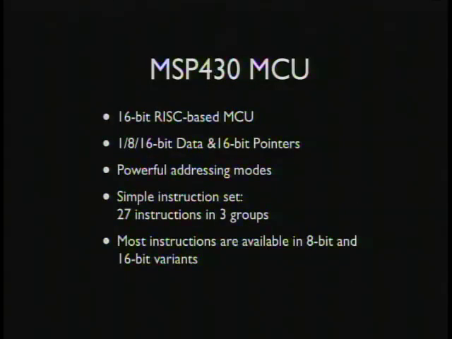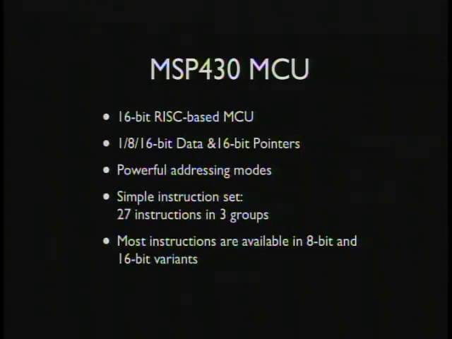Here is our example target. I selected this small 16-bit RISC-based microcontroller unit for the demonstration because it's rather small and rather simple. For example, it has only 27 instructions. But basically, everything shown here can be applied to your favorite, for example, soft-core processor, something like PicoBlaze or MicroBlaze on Xilinx and so on.